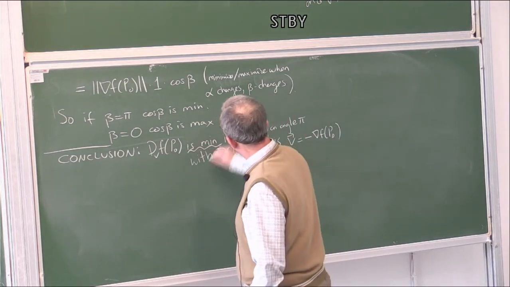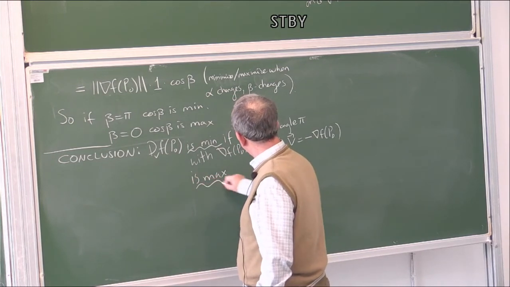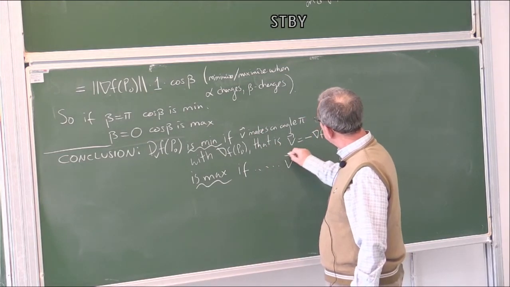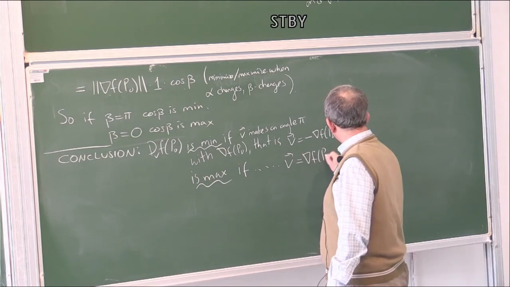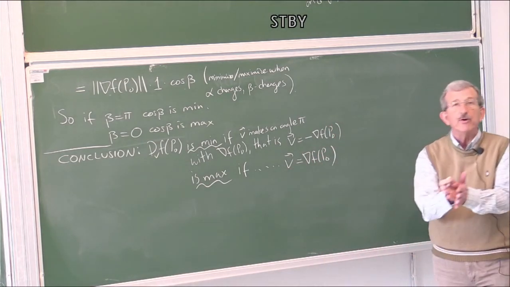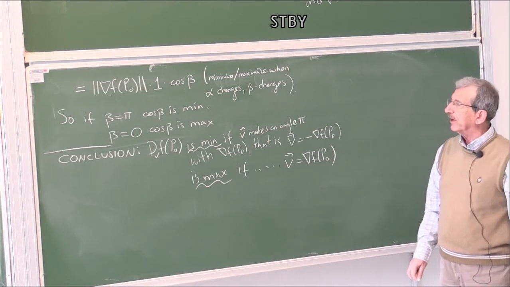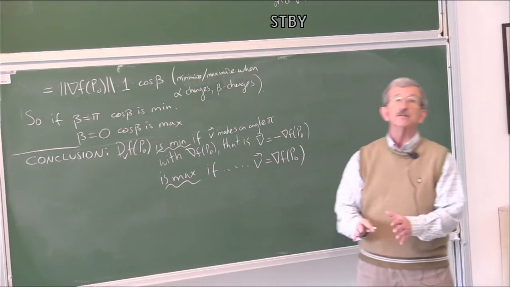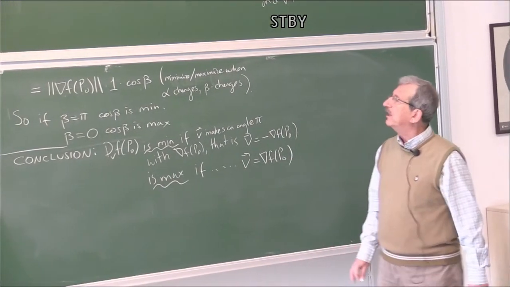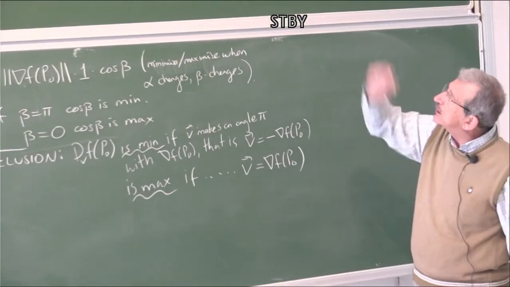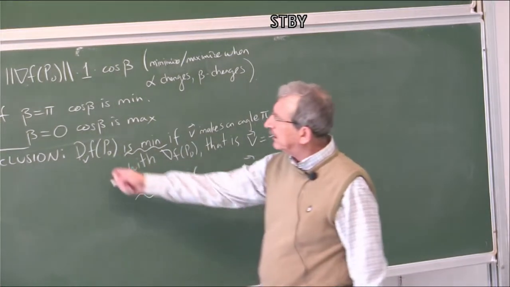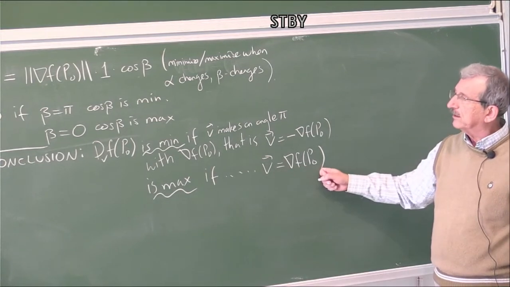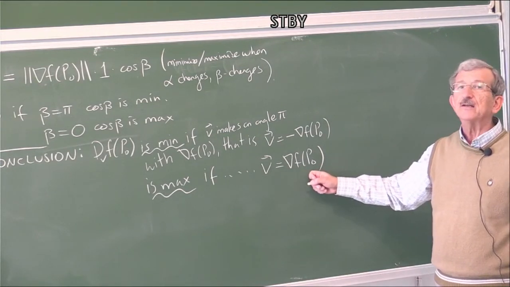And it is maximum if v is gradient f at p0, because the angle between them is 0 now. So I can take v as the direction of the gradient. This conclusion says that if f is differentiable, so that we can use this formula, the largest value of the directional derivative occurs if we take the derivative in the direction of gradient f.